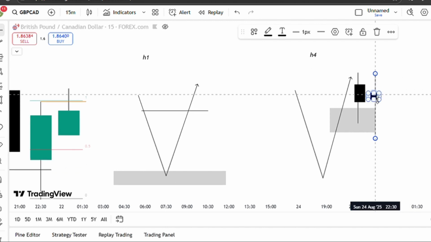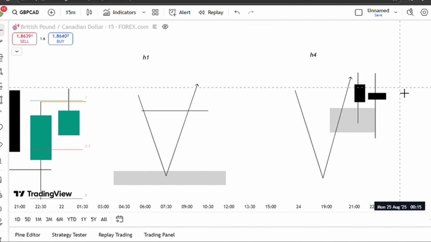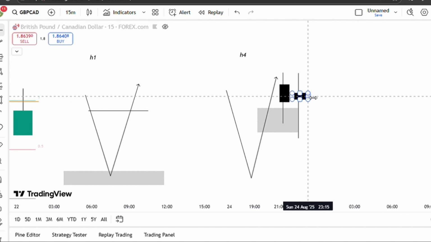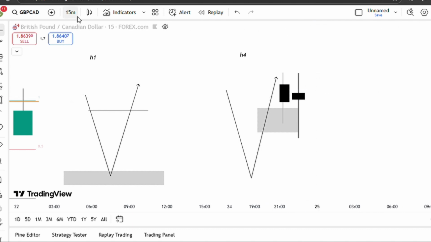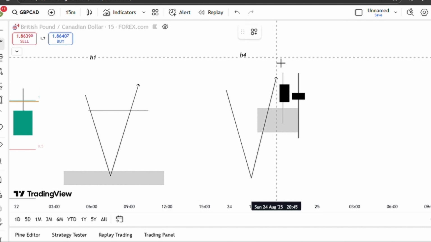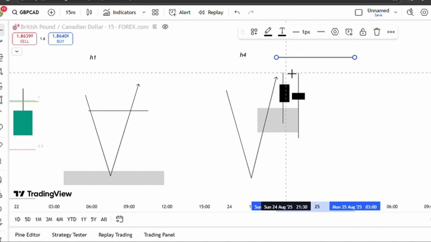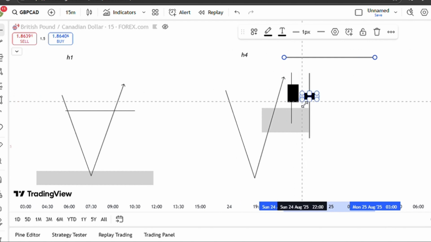Now, in other words, you can say accumulation, manipulation, right, and then distribution. So, assuming that we had this reversal candle and then our target is over here. Do you get it? Now, we form this accumulation, manipulation, right?